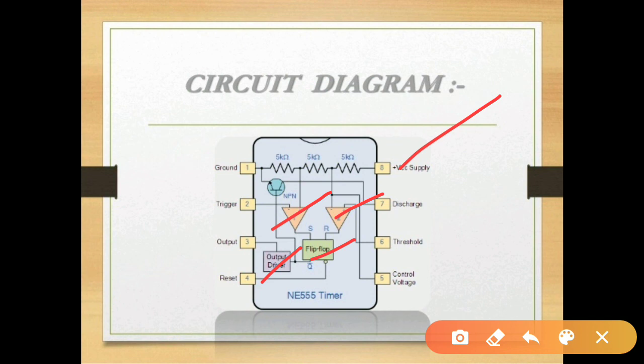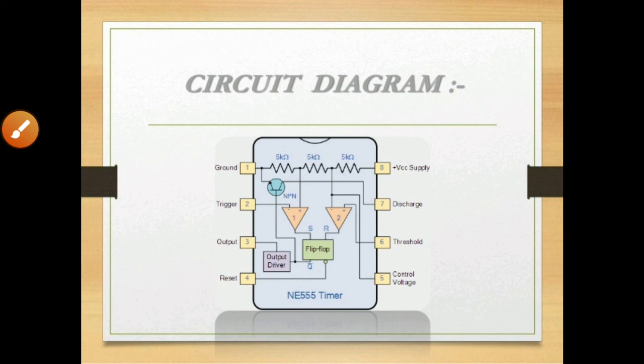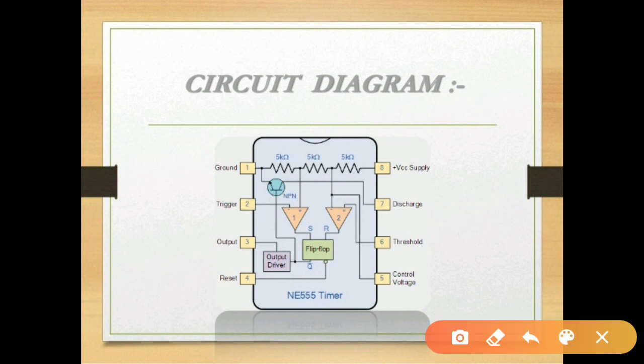From that we get the output voltage. And also we have a transistor here which is used to reset the pin. So any offset voltage present in this network, or in the IC, can be reset by using this transistor, okay. That is the function of the transistor here.